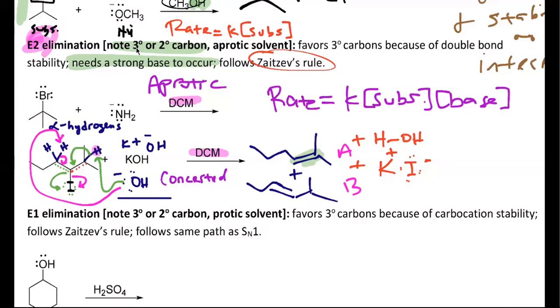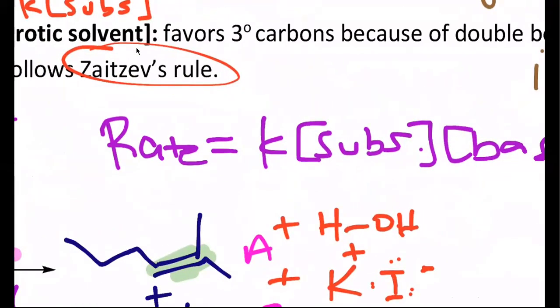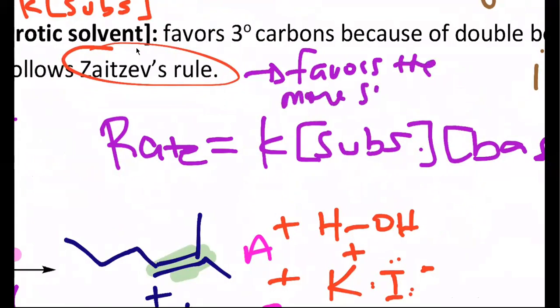So Zaitsev's rule tells us that the more substituted alkene is going to be favored. We're going to talk about alkene substitution now. So Zaitsev's rule says that the elimination is going to favor the more substituted alkene.